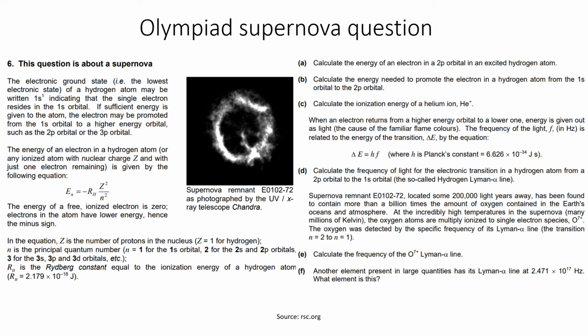And then finally we need to solve for Z in a question where we're given the frequency which we can convert to energy, and once we've found Z we've found the element, because that's the atomic number. So you might like to have a think and work through these questions. Pause the video, come back to it, and we can go through the answers.